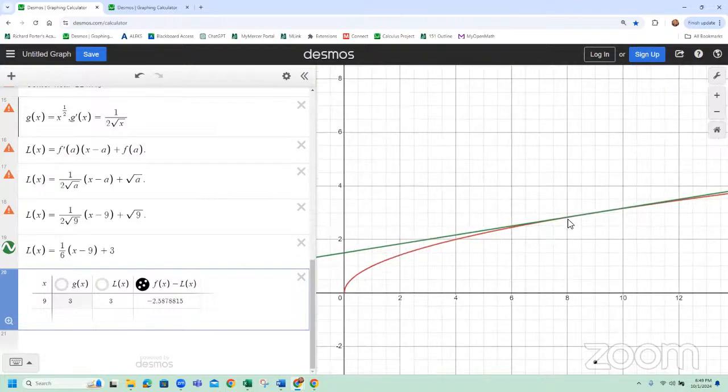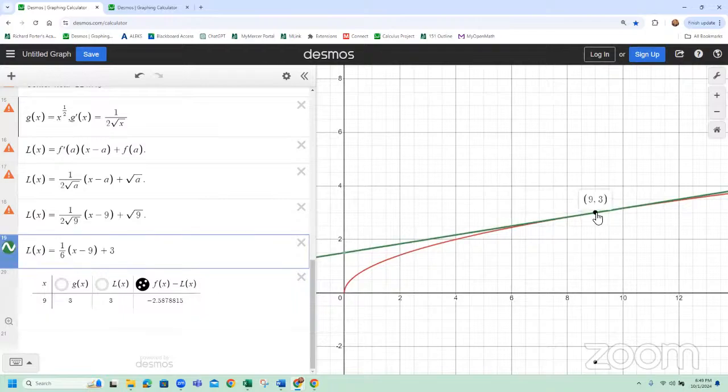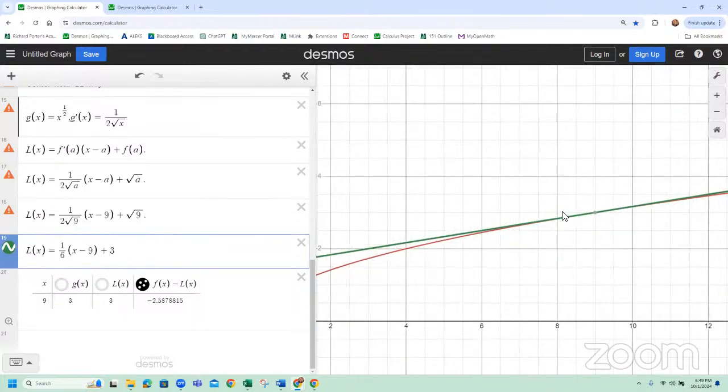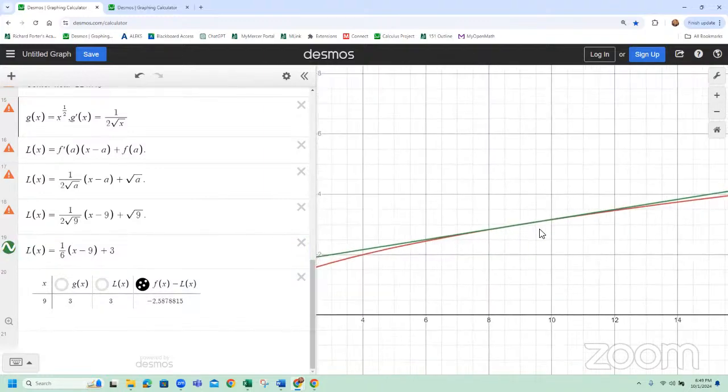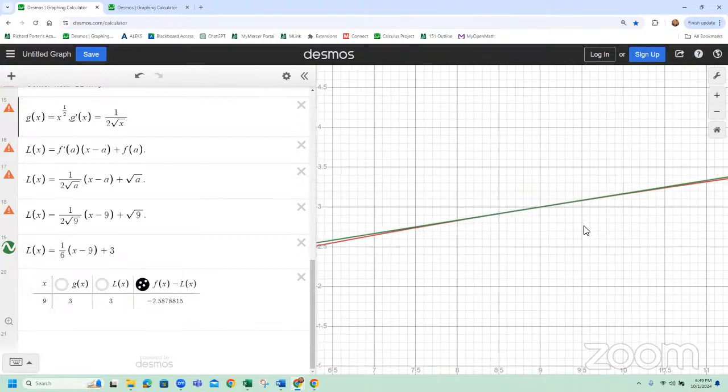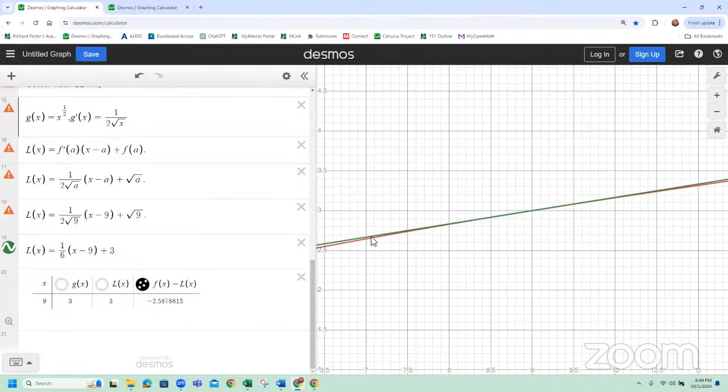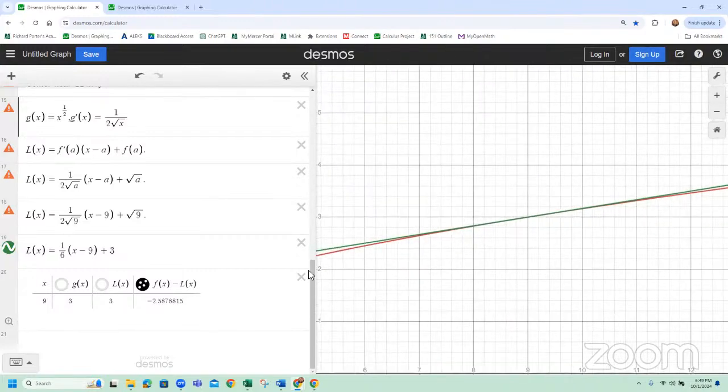So they're exactly the same right there at 9. They're so close you can't even see a difference; they look like one line. That's why it's called the local linear approximation: in this area they're both kind of like a line. They fray a little at the edges, but they're mostly the same.